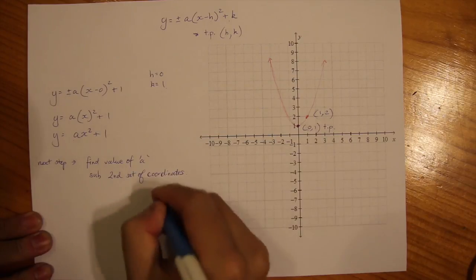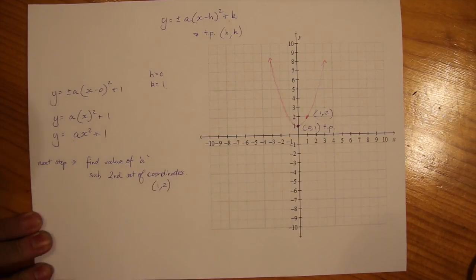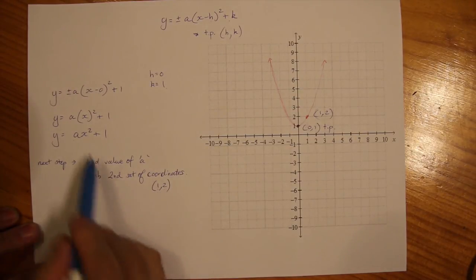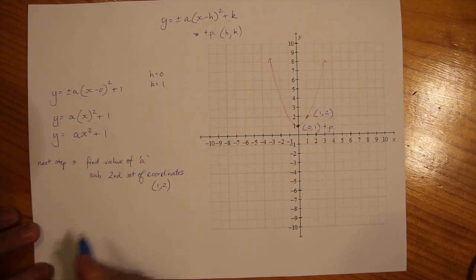And in this case, our second set of coordinates is 1 and 2. Okay, x is 1, y equals 2. So let's substitute it into here.